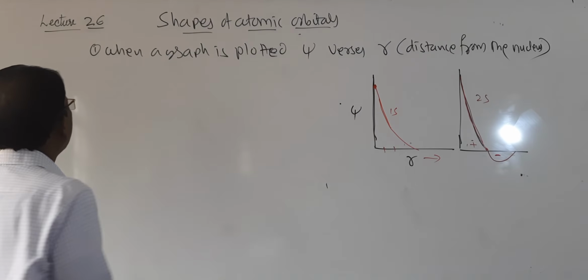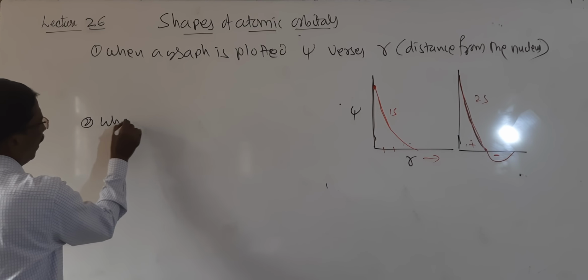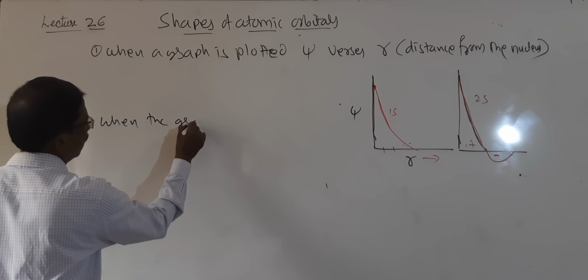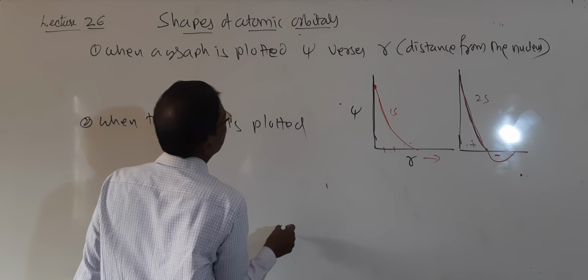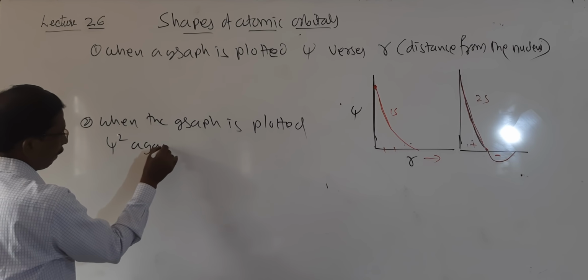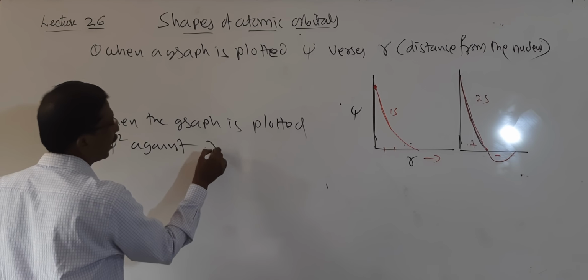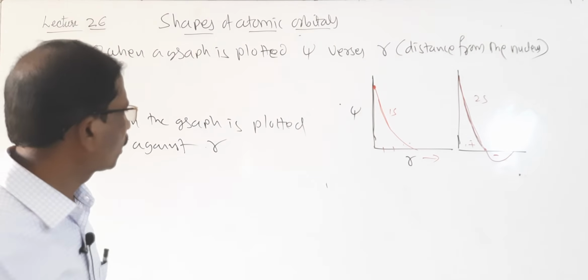Then the second one: when the graph of psi square against r, the distance from the nucleus, is plotted, again you will get two graphs.